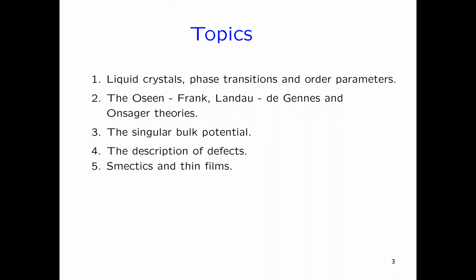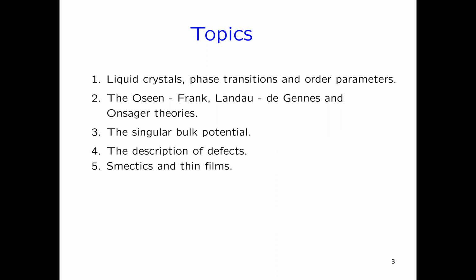I'll describe something called the singular bulk potential, and I will try to explain how these theories describe defects, which are very common in liquid crystals. At the end, maybe I'll have time to talk a little bit about smectics and thin films.